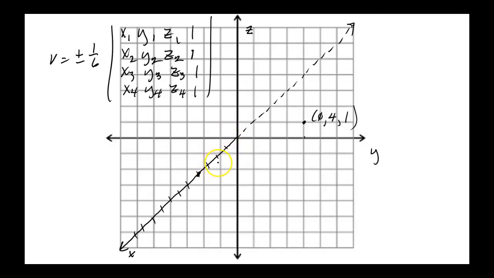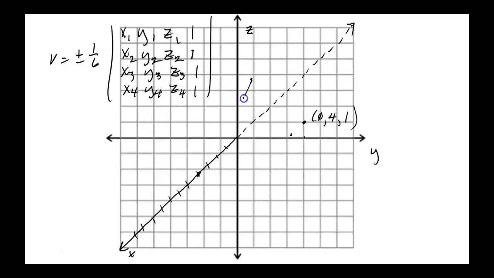Something about like that. These are coming way too close together here. And then your fourth one is 2, 2, 5. Something about there.